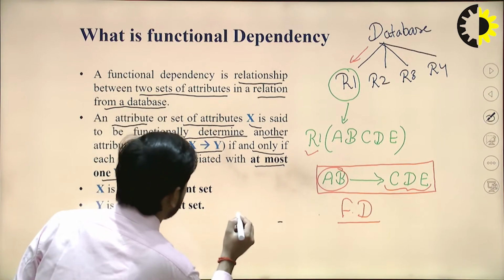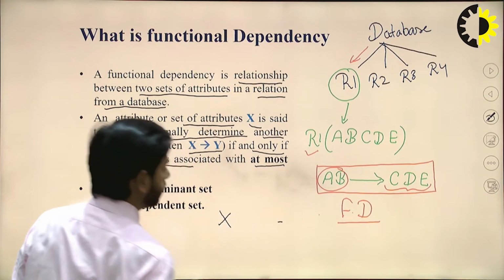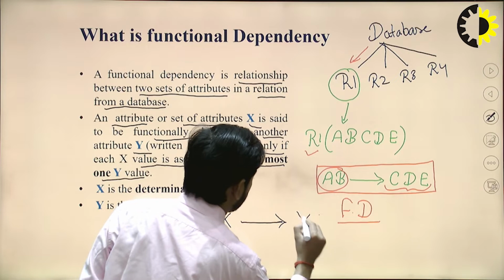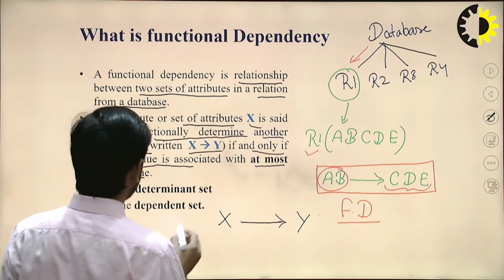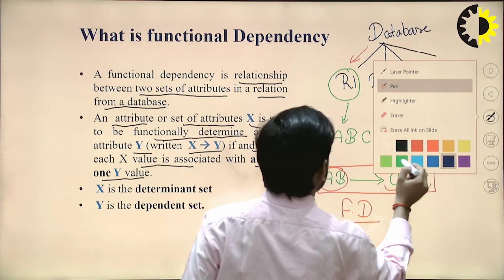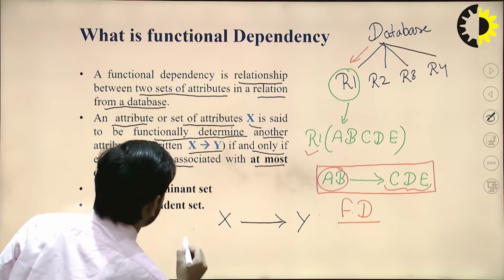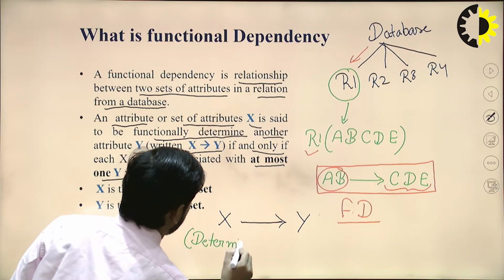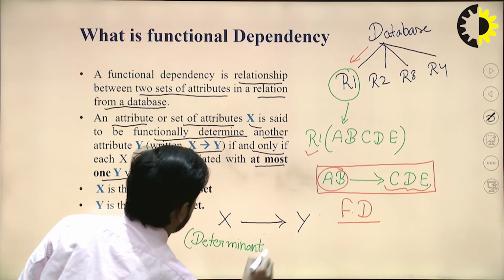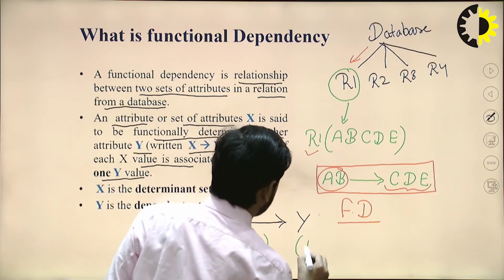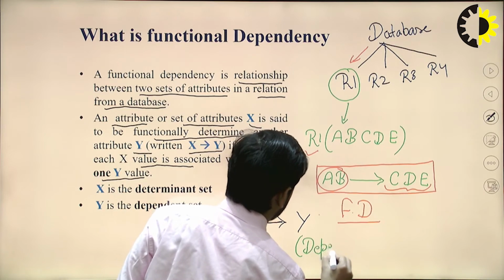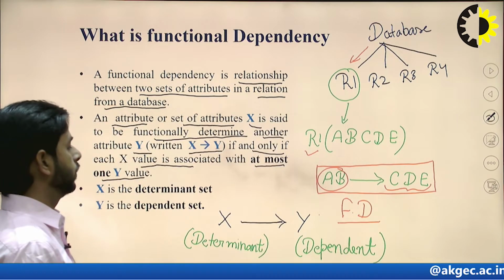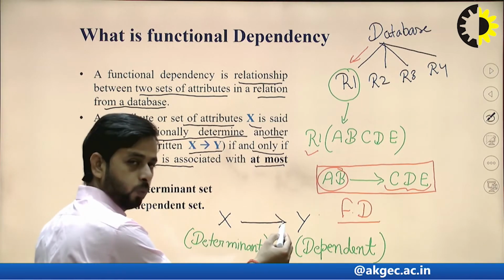Suppose there is attribute X which determines some attribute Y. Here X is the determinant, and Y is the dependent.